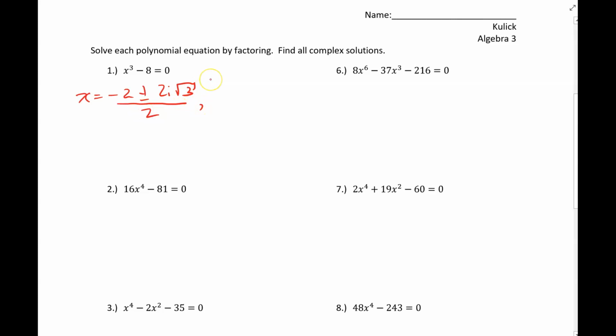And there should be one more solution there from the linear part. So x equals 2. So those are the 3 solutions. Underneath the radical is a 3. Yes, that's the case.